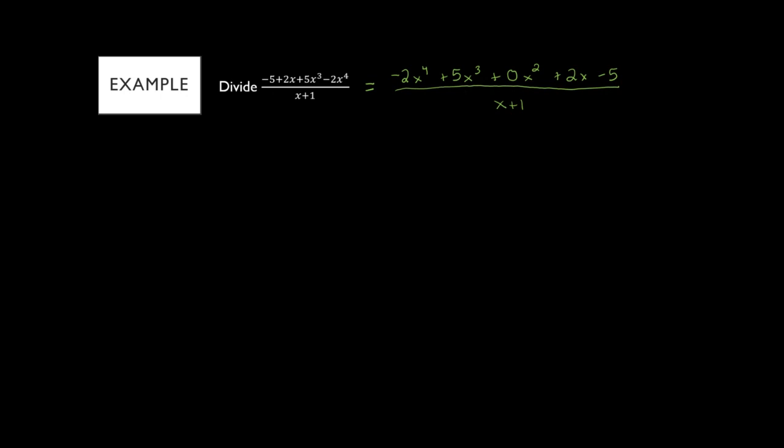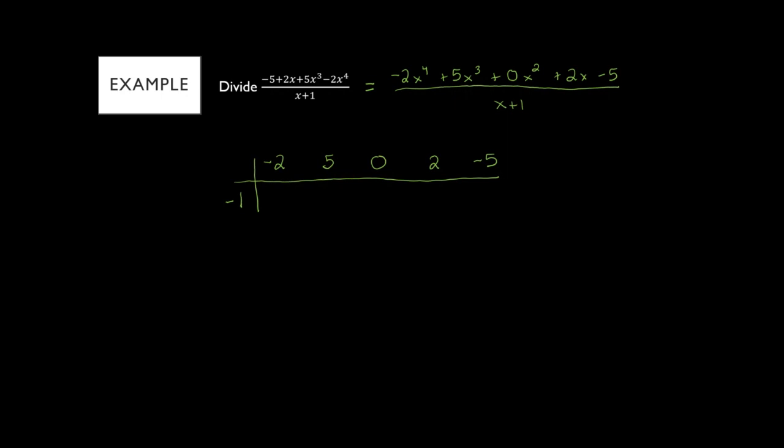So once I've rewritten it, now I'm going to take my coefficients. I have -2, 5, 0, 2, and -5. And then the denominator, we're dividing by x plus 1. So -1 will make that 0.